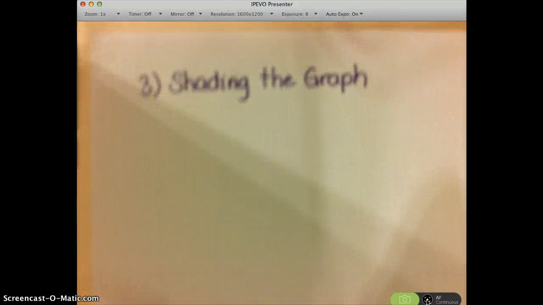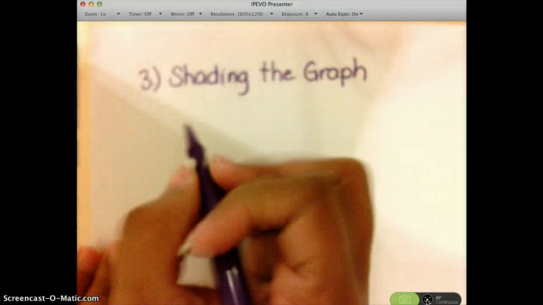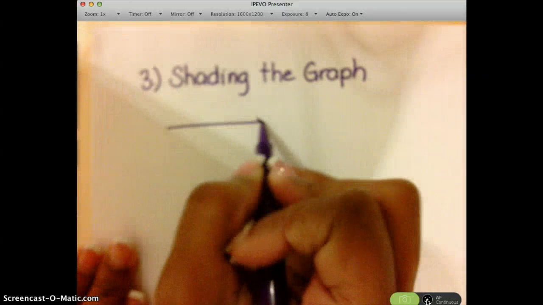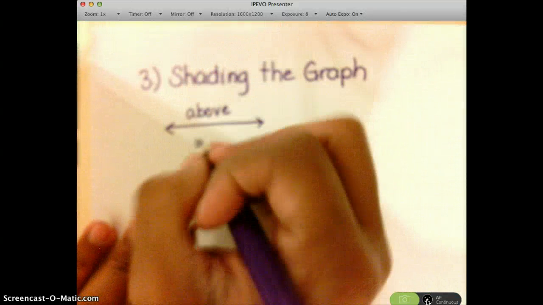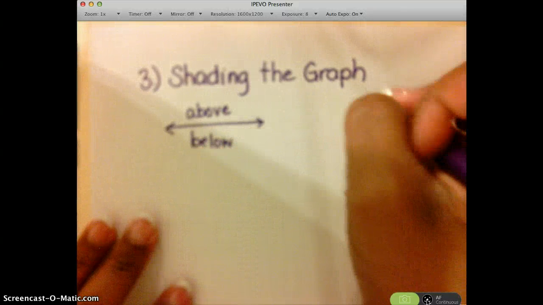So then we're going to shade the graph. Now, when we're shading the graph, we can have a lot of different lines. We can have a horizontal line, and with a horizontal line, this is above the line, and this is below the line. We can have a vertical line.